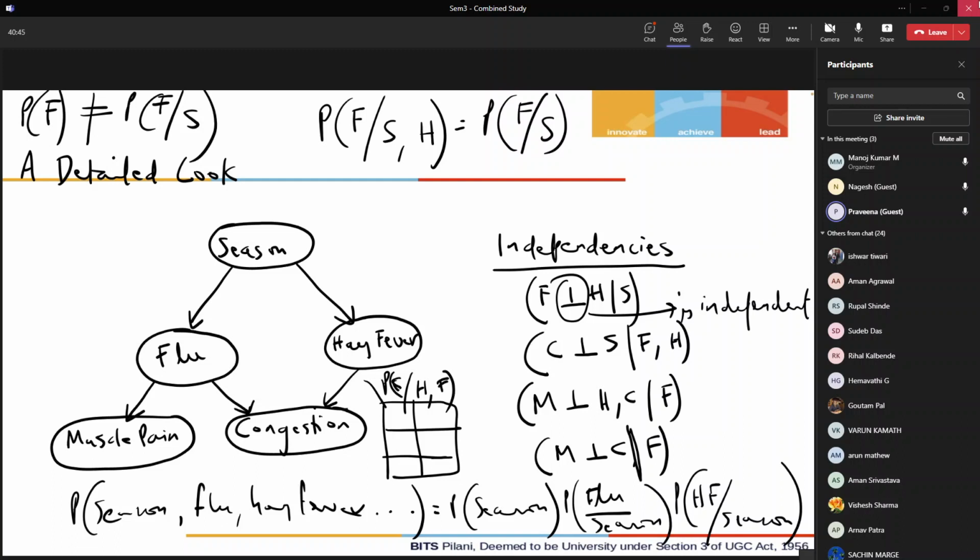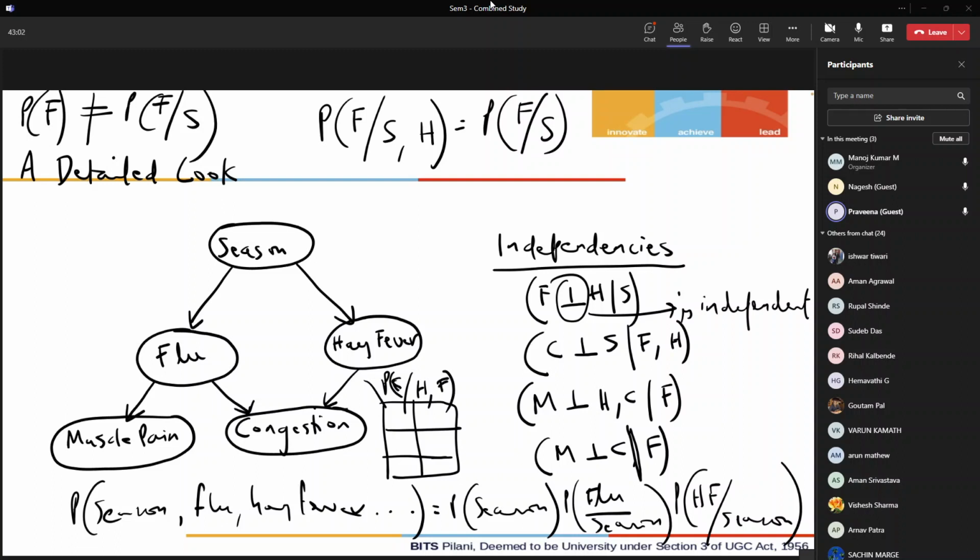Probability of S comma F comma H comma M given C, probability of C. The first is probability of season. Probability of F comma H comma M comma C given S. We have to go from the root node here, because season is ultimately fixed for everything, for all conditions.